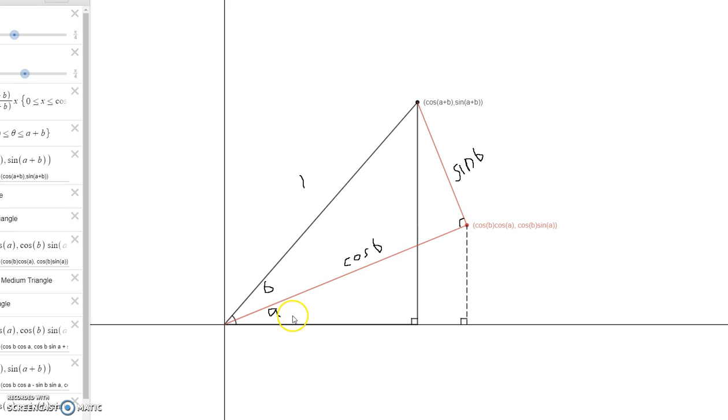Angle A is the interior angle. The hypotenuse is cosine B. And so the base of this triangle is going to be r cosine theta, or in other words, cosine B cosine A. The height of this triangle is going to be r sine theta, cosine B sine A.